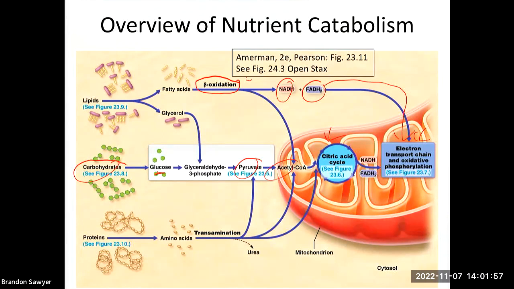So you'll see that all of these use the electron transport chain and the Krebs cycle in some way or another. Proteins will break down into individual amino acids, and then they all jump into this cycle, some turn into pyruvate, some turn into acetyl-CoA, some turn into different parts of the Krebs cycle. Okay, but overall, we're still going to use the Krebs cycle and the electron transport chain for all forms of fuel that we're breaking down. But again, we're really only going to talk about this one in detail.